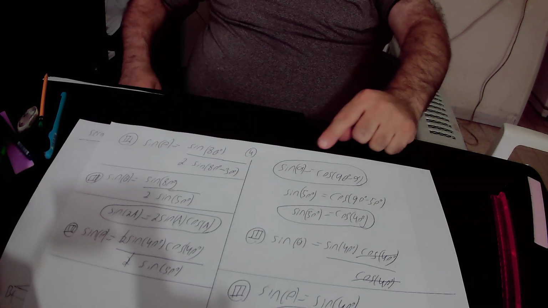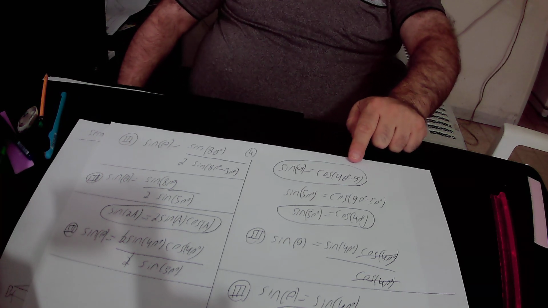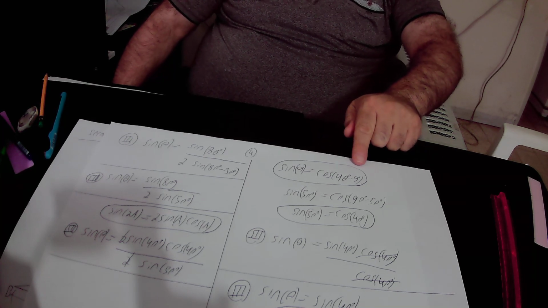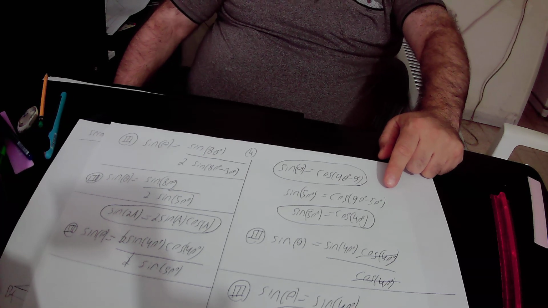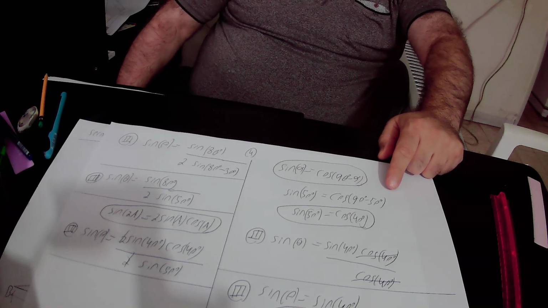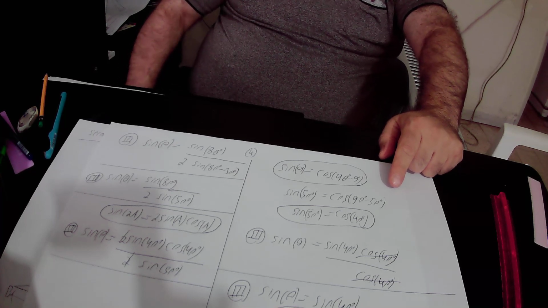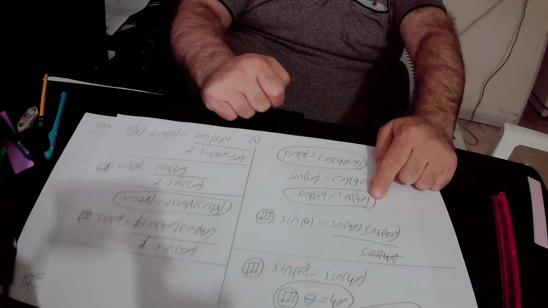And according to the trigonometric identity that sine alpha equals cosine 90 degrees minus alpha, we get that sine 50 degrees equals cosine 90 degrees minus 50 degrees. 90 degrees minus 50 degrees is 40 degrees, so sine 50 degrees equals cosine 40 degrees.